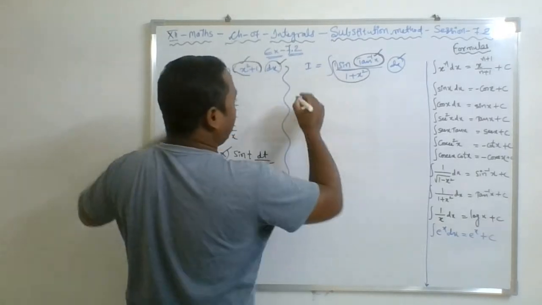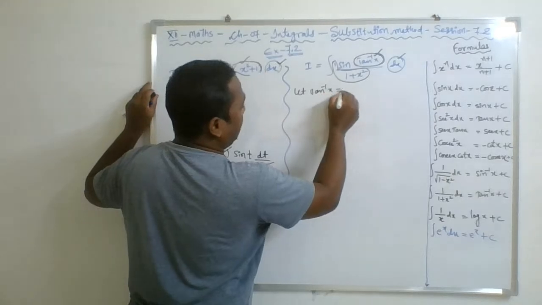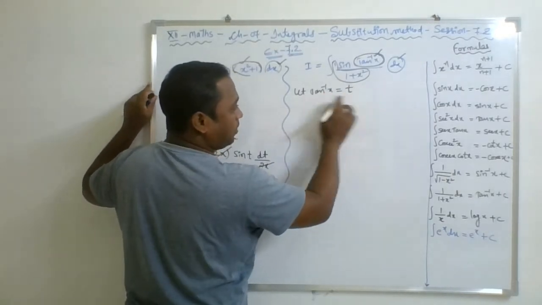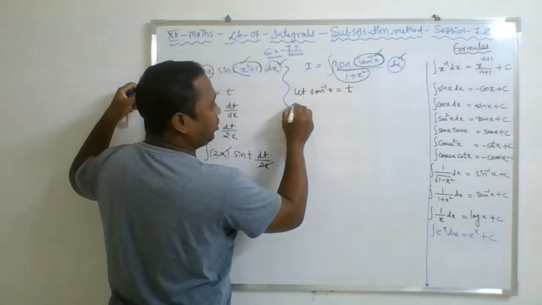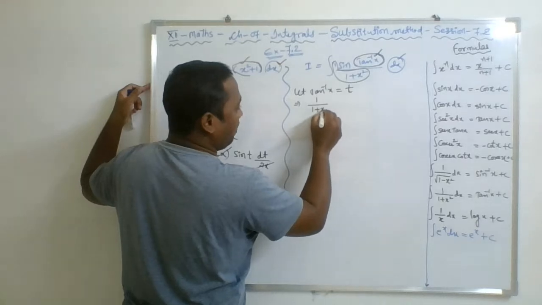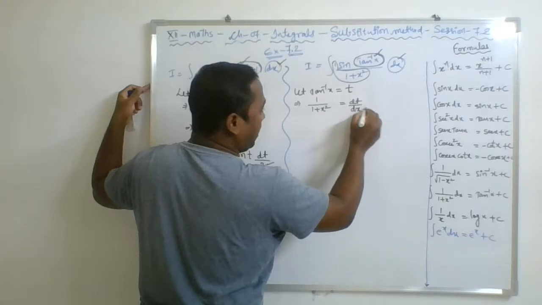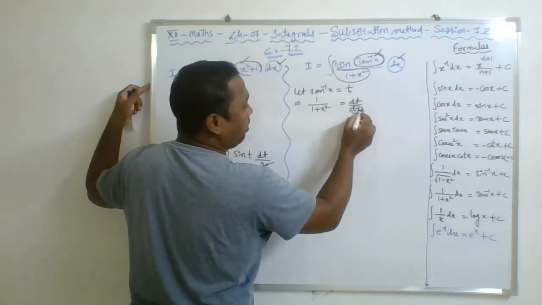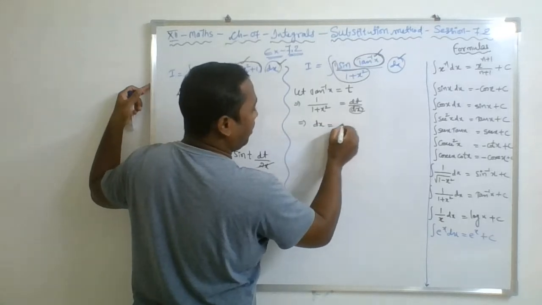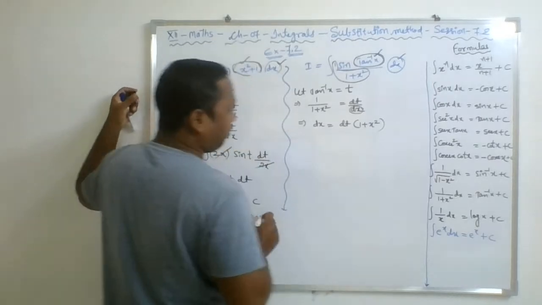Okay, so first let tan inverse x is equal to t and take the derivative with respect to x. Differentiate with respect to x only. So the tan inverse x derivative, 1 by 1 plus x square, is equal to dt by dx. Hence we are looking for dx, so do the cross multiplication. dx will be dt into 1 plus x square.